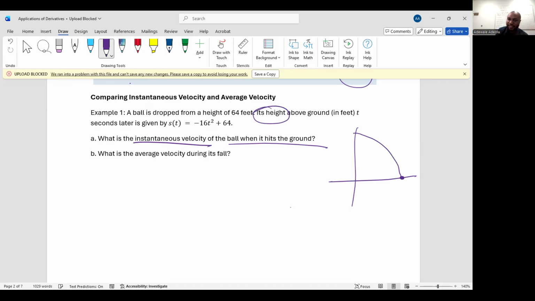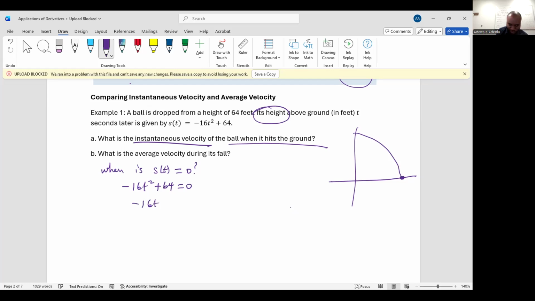Remember, I'm giving height. So that means the height of that ball is 0. So I can ask, when is the height 0? I can say negative 16t squared plus 64 equals 0.